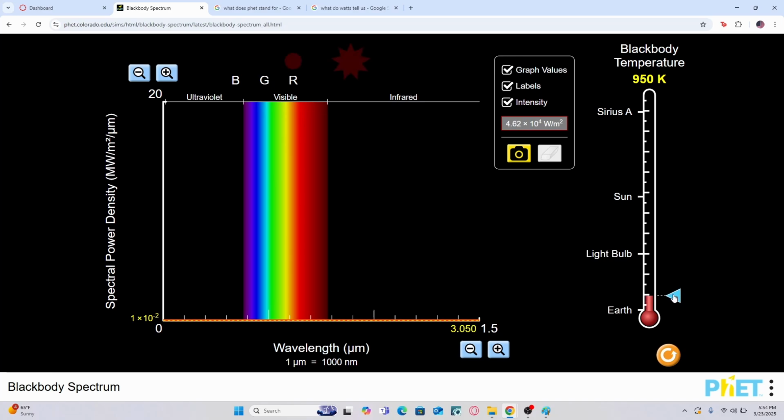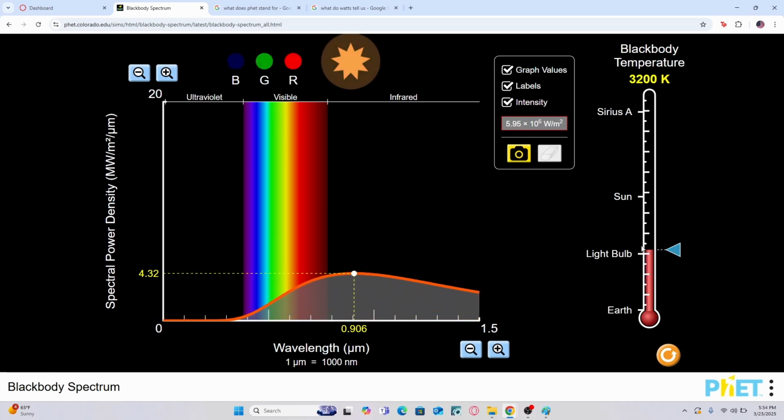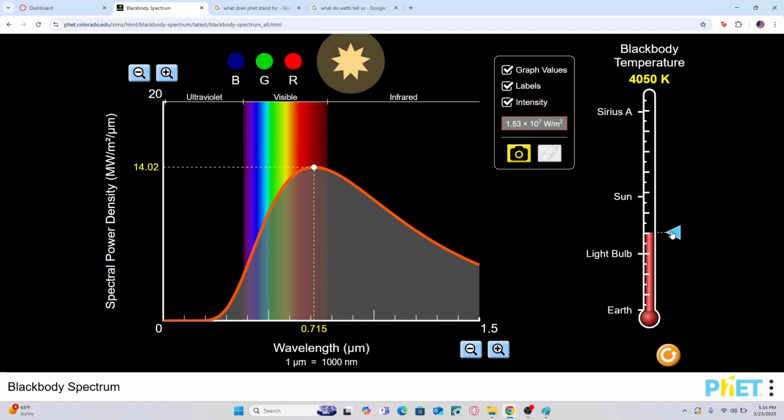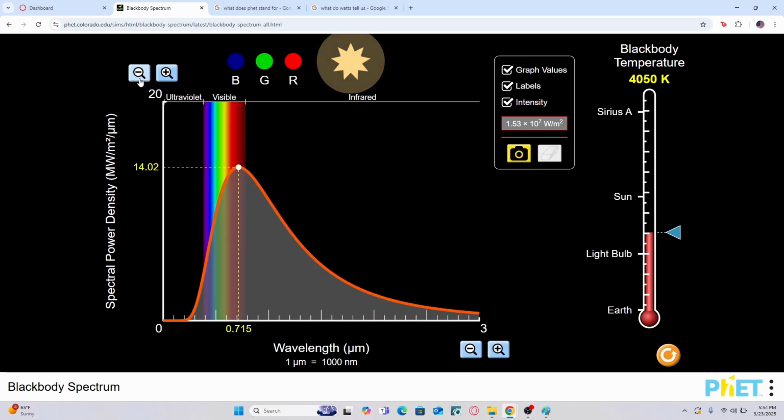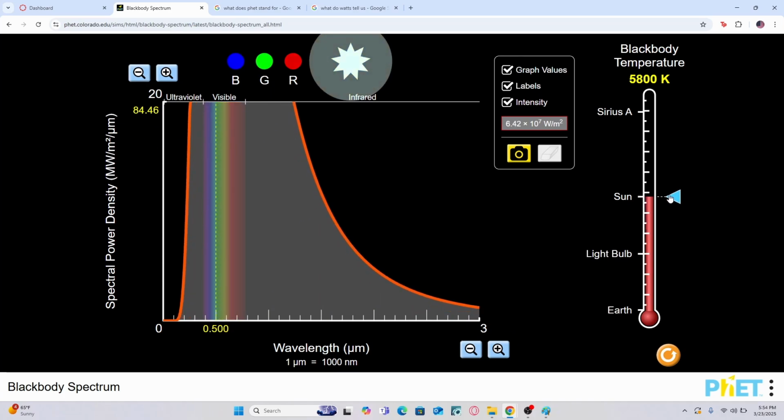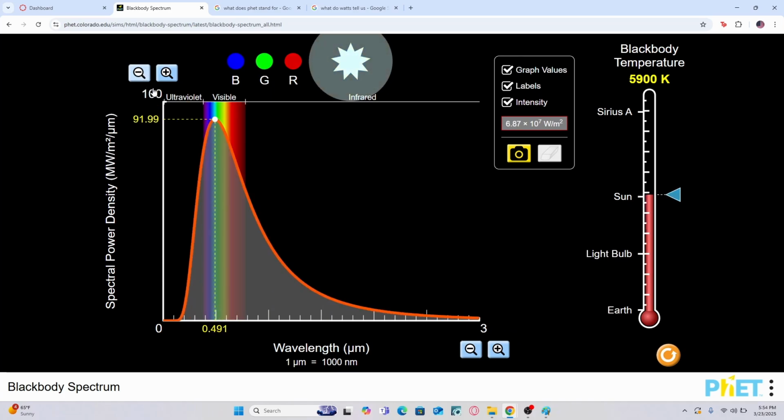So you could play around with a simulation, and over here, you have your little star or black body, whatever, and you could play around with it and really get an understanding. The sun is very efficient at what it's doing. Most of its radiation is in the visible spectrum, which is really phenomenal.